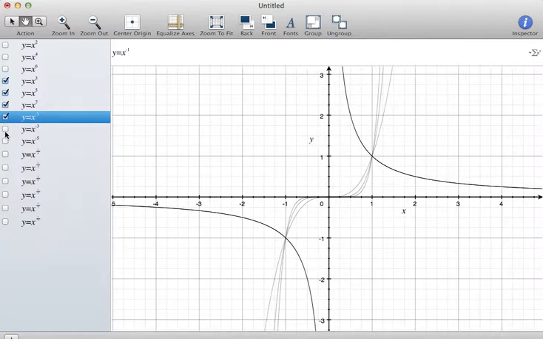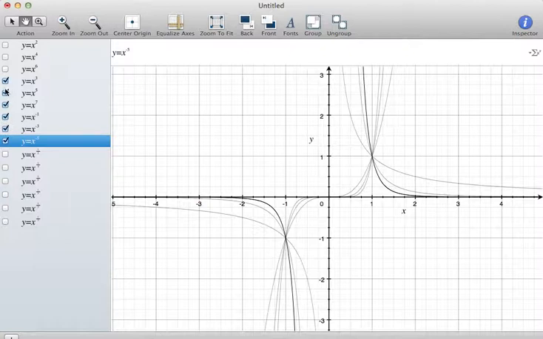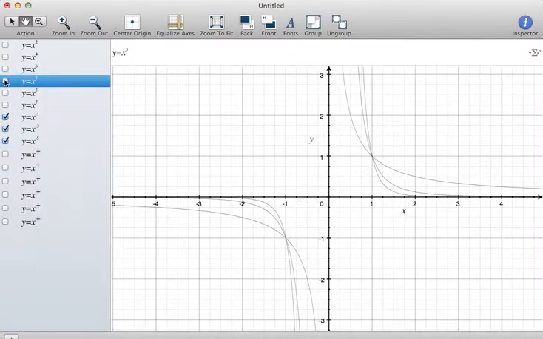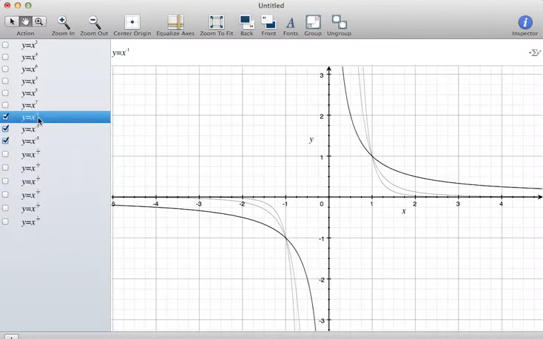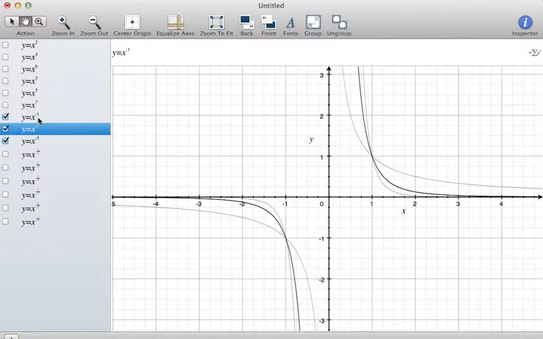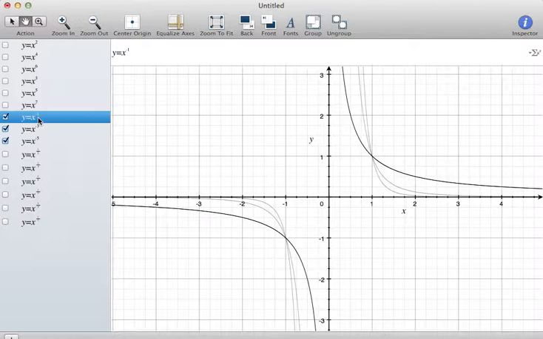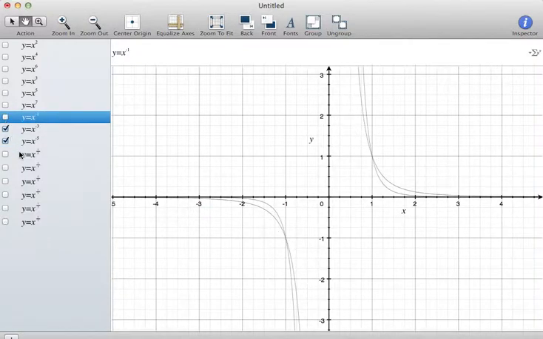Now let me show you the reciprocal functions. I misspoke and said inverse. Here's x to the negative 1, x to the negative 3, and x to the negative 7th. They get infinitely close to x equals 0, but they never actually touch x equals 0 or the y-axis.